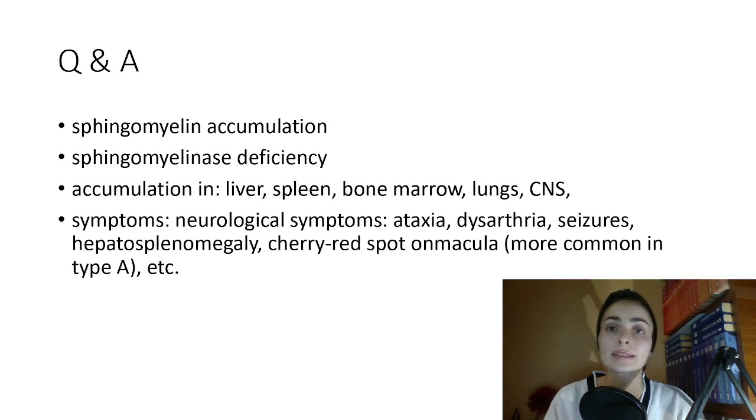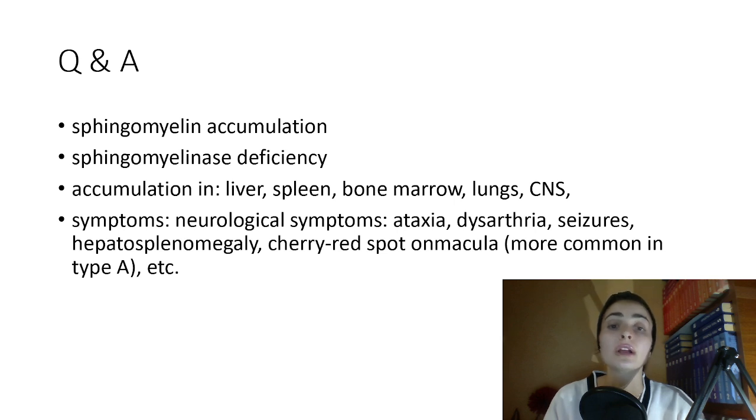Because it accumulates in the liver and spleen, the patient has enlargement of these organs, hepatosplenomegaly. Because it accumulates in the CNS, the patient has respective symptoms, ataxia, inability to maintain balance, dysarthria, meaning speech difficulties, seizures, and cherry red spots on the macula because of accumulation in the retina.